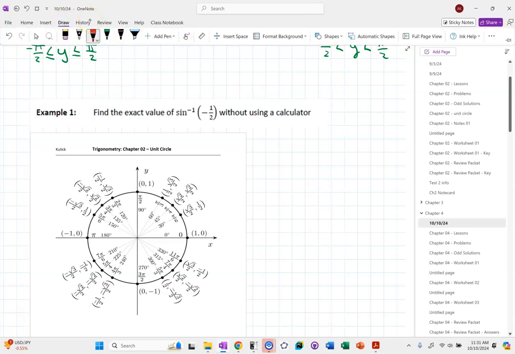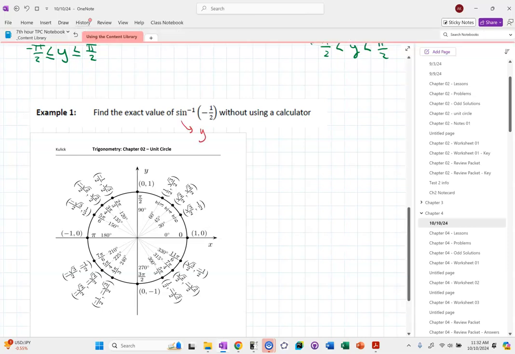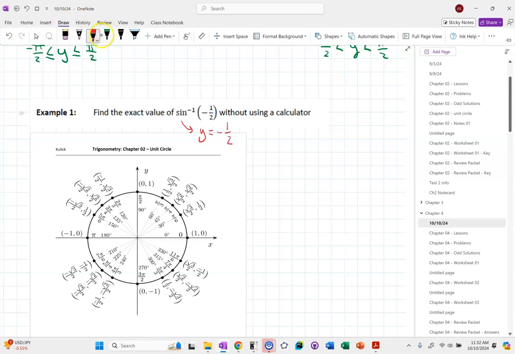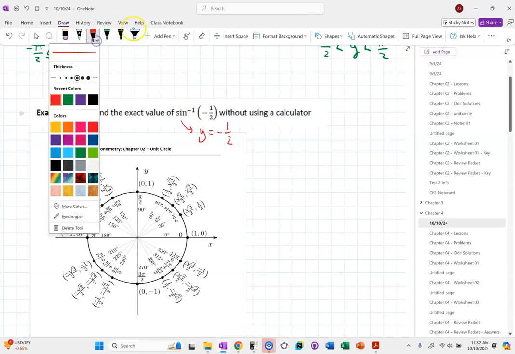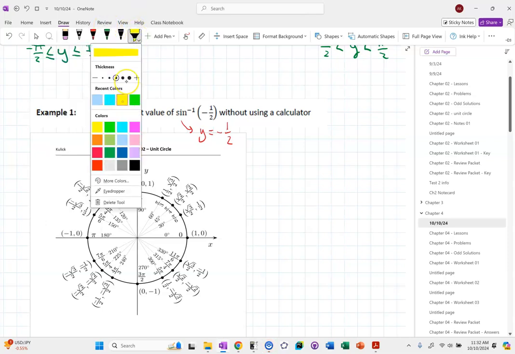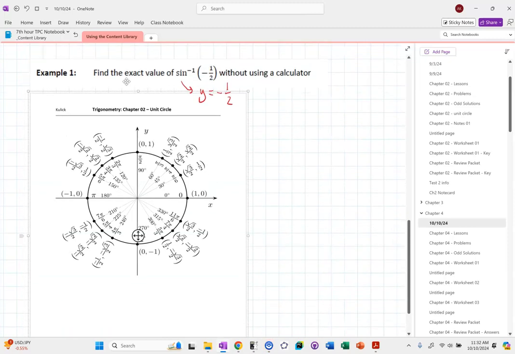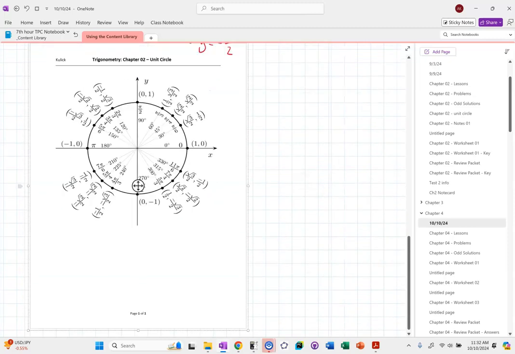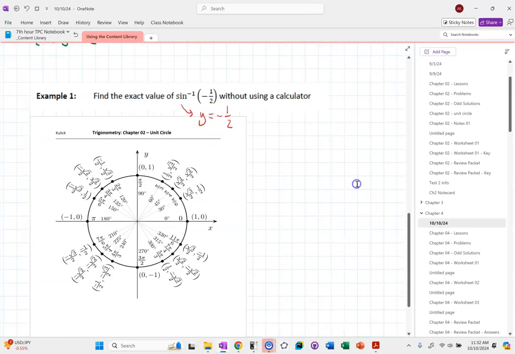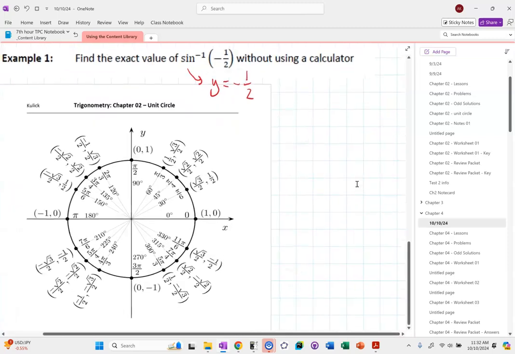So I remember on the unit circle, sine is y. So I'm looking for the places where sine is equal to -1/2. I'm going to go along and look at my unit circle points. All right.